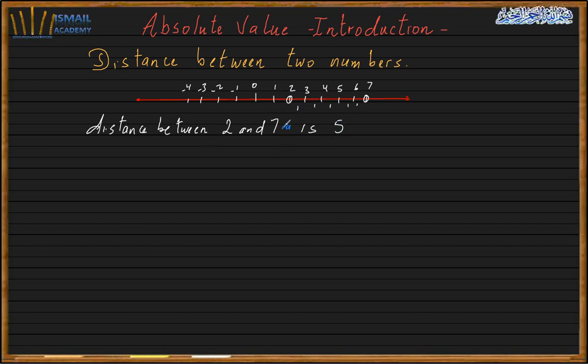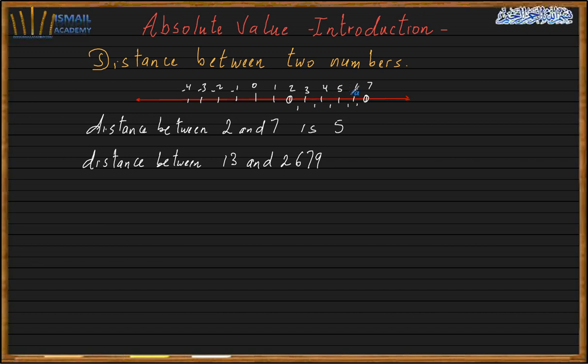So I can count. Now, if I ask you what is the distance between 13 and 2679, you're not going to keep counting the units between those two numbers, so it makes no sense.